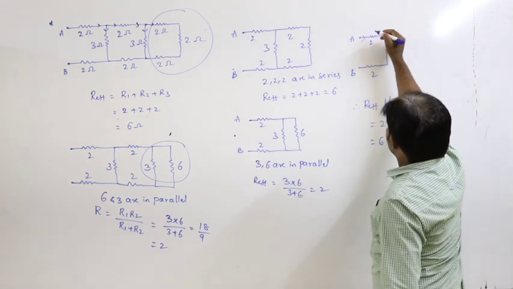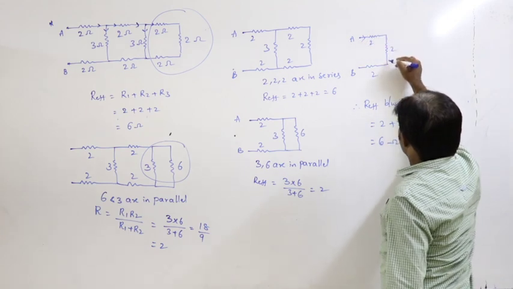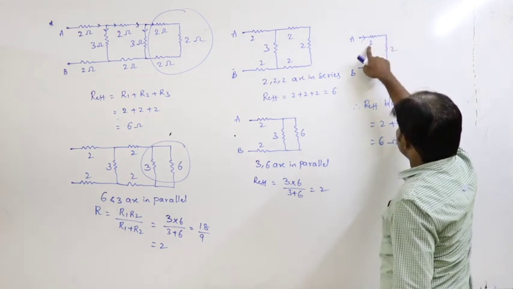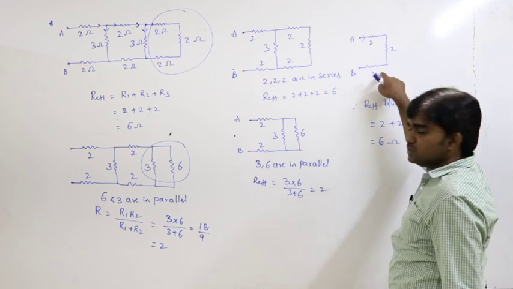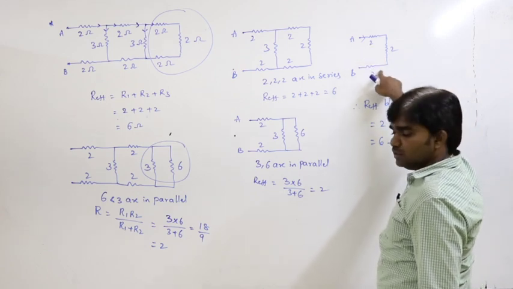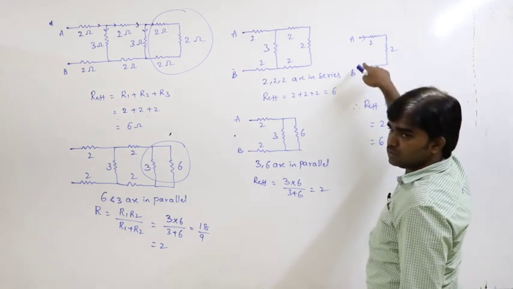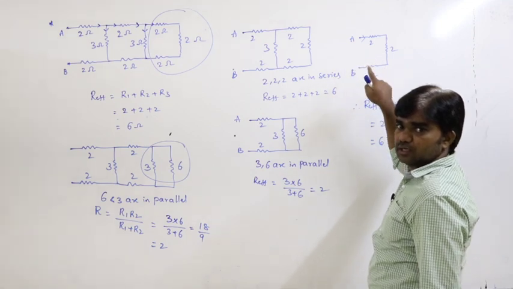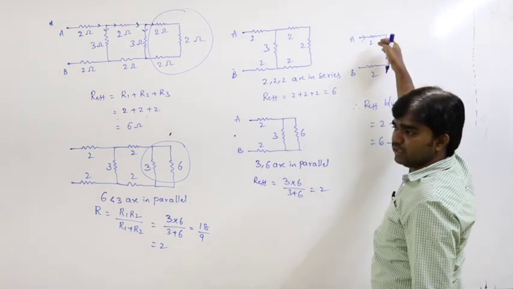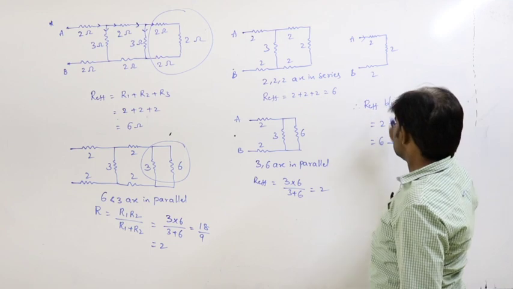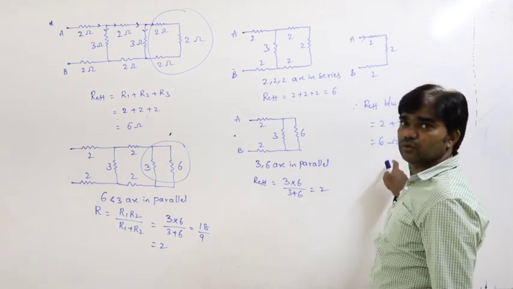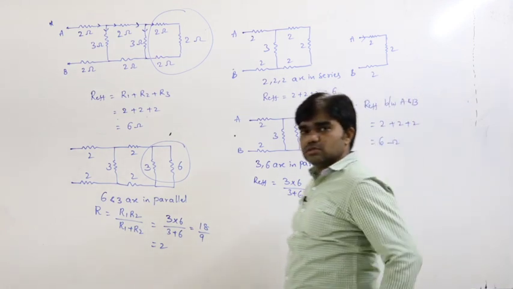Because the same amount of current passes through, since 2, 2, 2 are in series. There is no division of current here. That's why these 3 2's are in series. Effective can be 6 ohms.